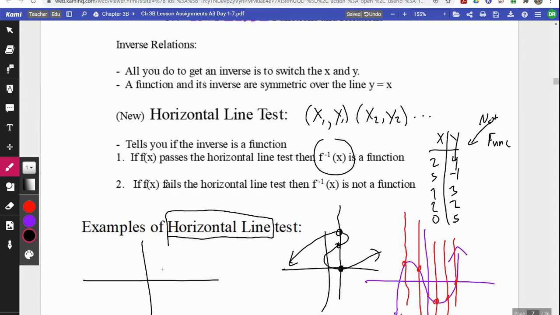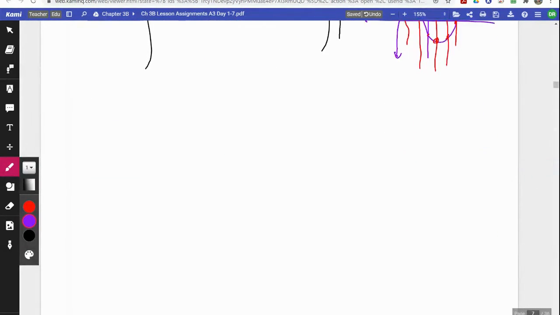So if we had a parabola and we did a horizontal line test, I know that this parabola is a function, passes the vertical line test. So f of x itself is a function. But if I do a horizontal line test and it crosses it twice, that tells me that the inverse of this is not going to be a function because it crosses it twice. Okay, so we'll get into that.